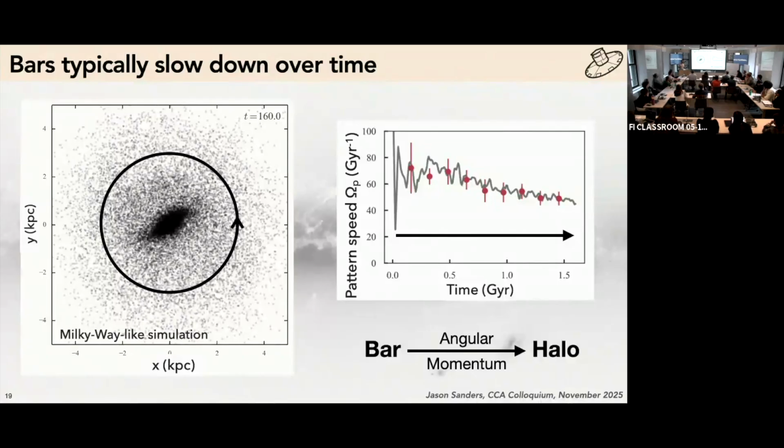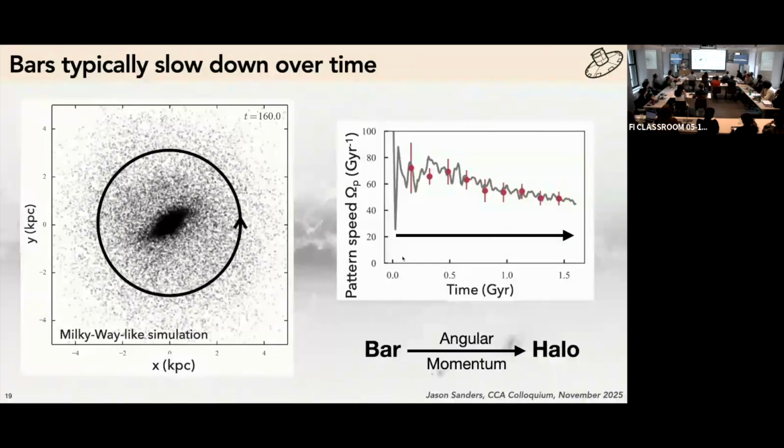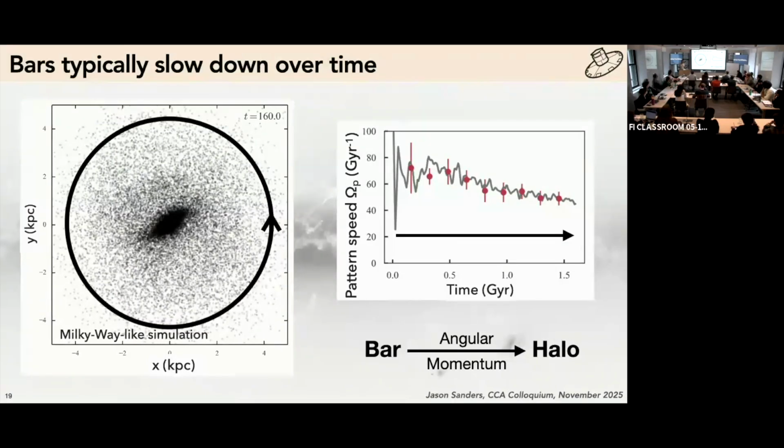And when we're in this regime, the star will keep feeling the same forcing from the bar. So we're in this resonant location, much like resonances you get in planetary systems. But if the bar slows, then the resonant orbits will move outwards as the bar slows.